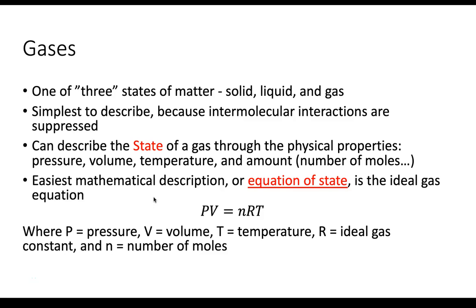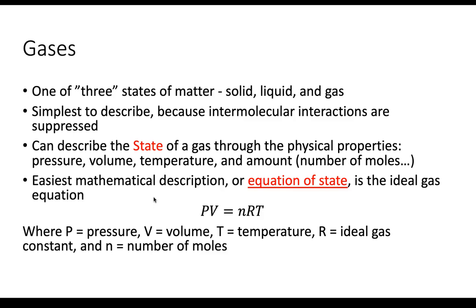If we have a solid and a liquid, we have intermolecular interactions that are going to depend on structure. Of course, we're very interested in that as chemists, but for the purpose of describing thermodynamics, gases are much easier. And so basically, we can describe the properties of the gas, or the state of that particular gas, using a few fundamental physical properties.